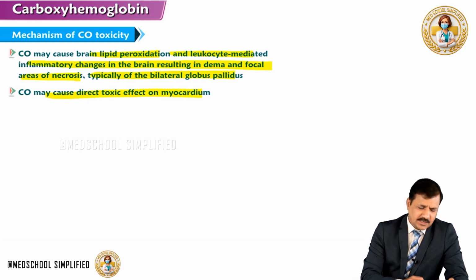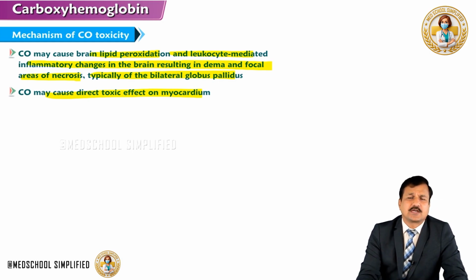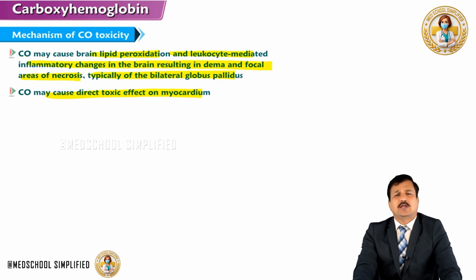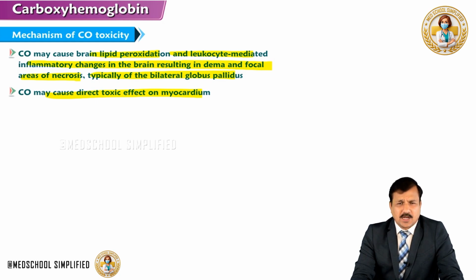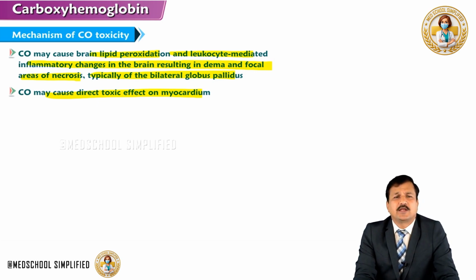So these are several ways that carbon monoxide can lead to toxic effects on our body. Not only by increasing the oxygen affinity of hemoglobin by binding to one of its binding sites, but, as you have seen, carbon monoxide has multiple other effects in our body, overall leading to carbon monoxide toxicity and metabolic changes.